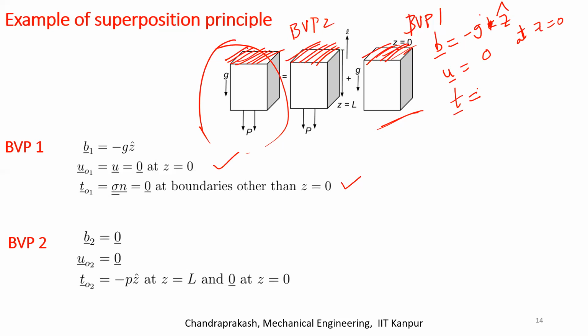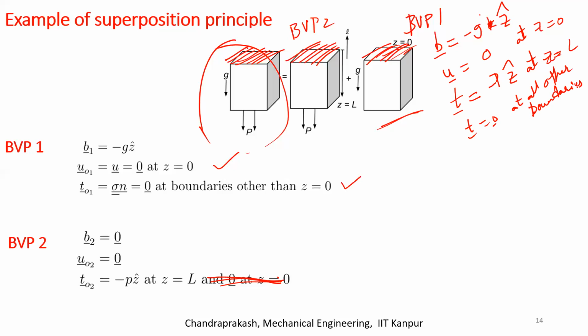The traction is minus P z hat at z equals L. Otherwise it becomes an accelerating problem, right? And traction is 0 at all other boundaries.